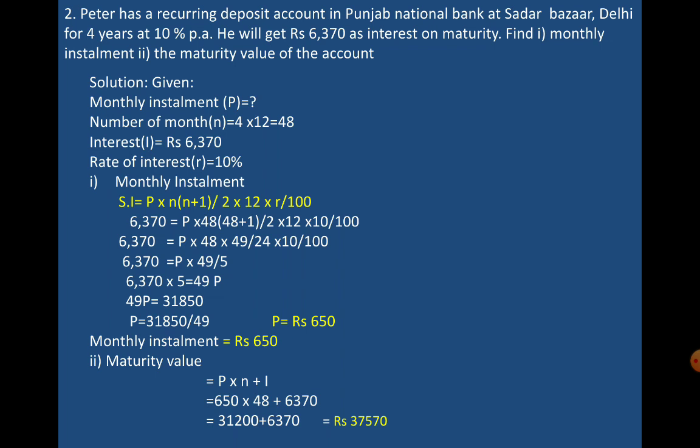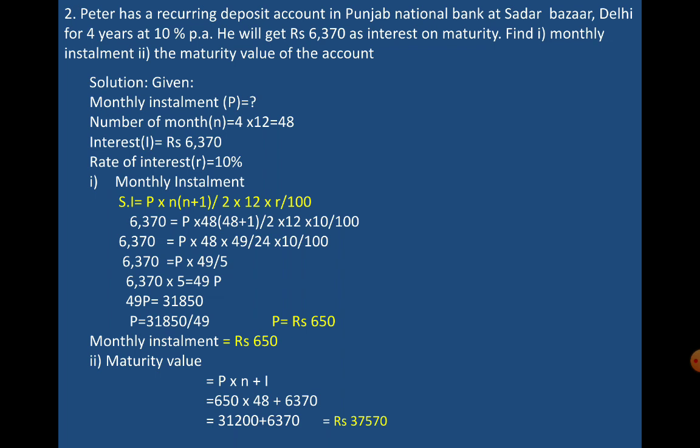For the monthly installment, we use the interest formula: P into n into n plus 1 by 2 into 12 into r by 100. Here the interest is 6,370, equal to, we don't know the P value, that is the monthly payment. So we put P into 48 into 48 plus 1 by 2 into 12 into 10 by 100.